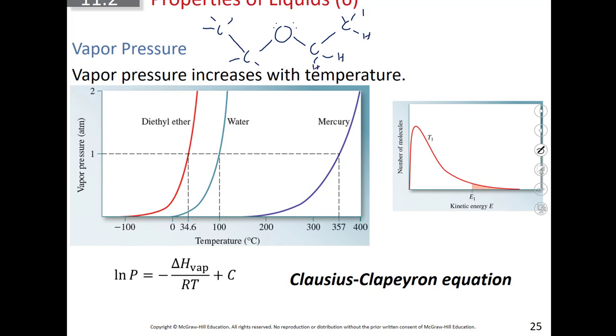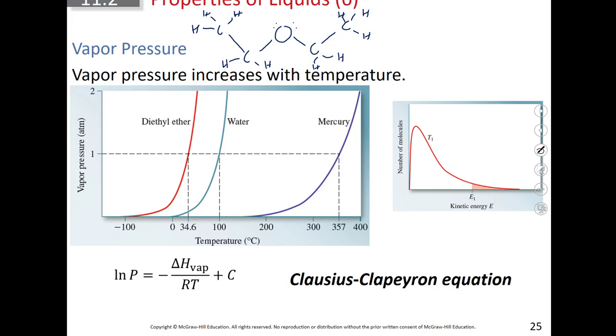No. Even though it has hydrogens and it's polar, why can't it hydrogen bond? Good. They're not attached to one of those three elements. They're not directly attached to oxygen, nitrogen, or fluorine. So diethyl ether has dipole-dipole interactions, but doesn't have hydrogen bonding, which means water has a stronger intermolecular interaction here.